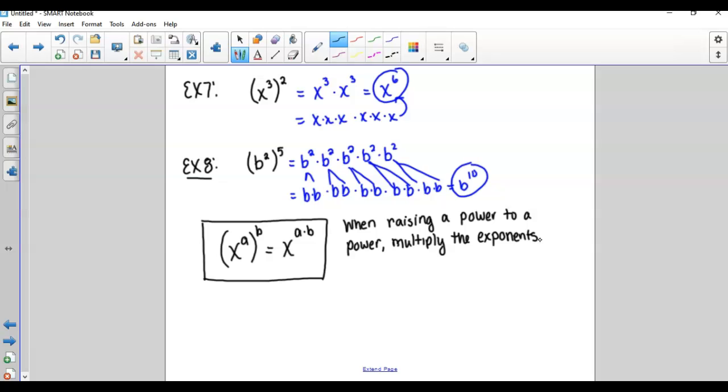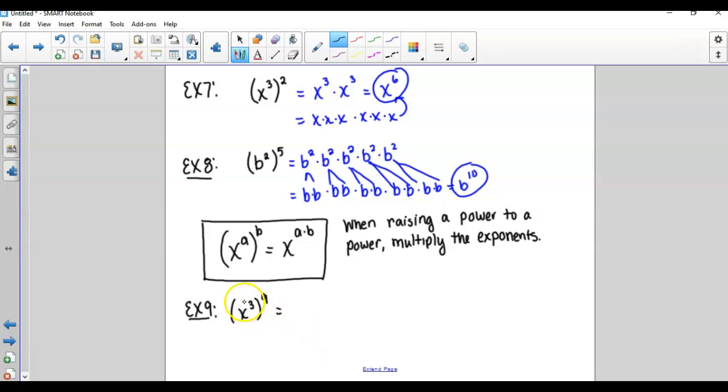Okay, so that means whenever we get to a problem like this, let's say that we have x to the 3rd raised to the 9th power. Now this one would really take a long time to write out the long way, but I know here I'm raising a power to a power.